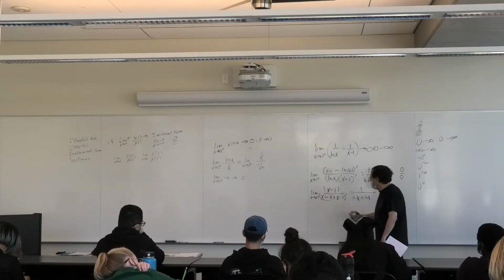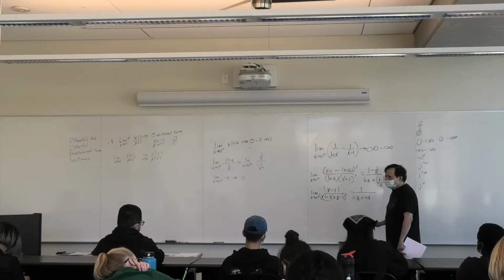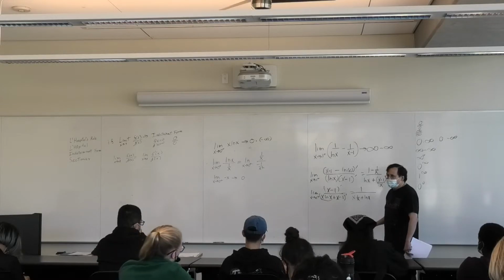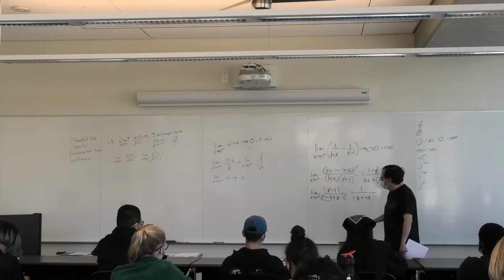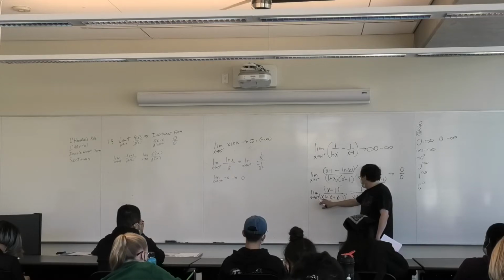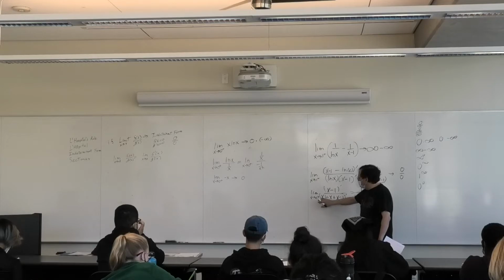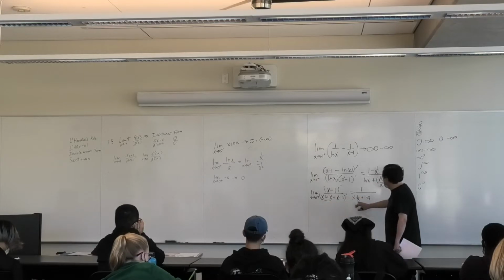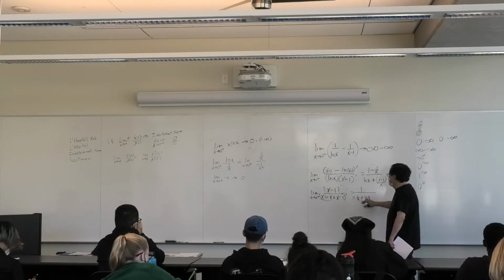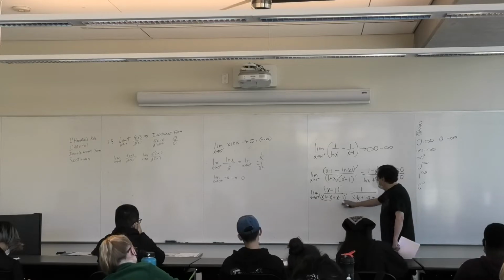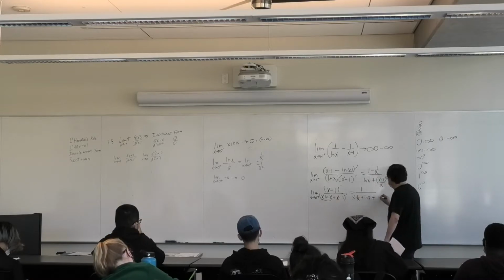That's this. Really comfortable with that? I ran through that. X times the derivative of the log of x plus log of x times the derivative of x. X times 1 over x plus log of x plus the derivative of x minus 1, which is 1.